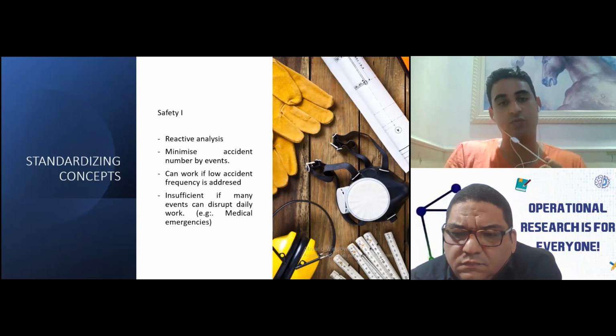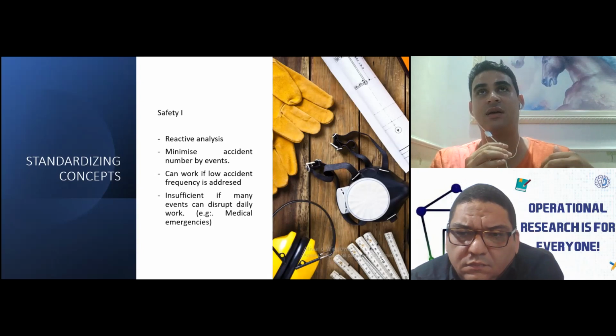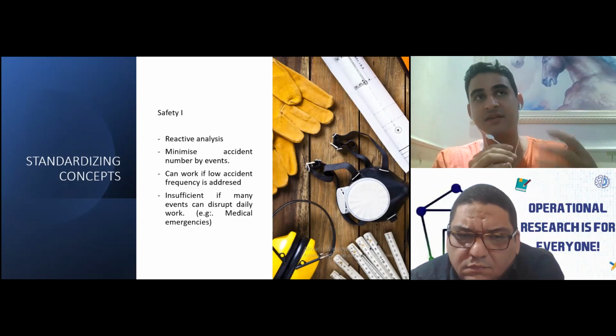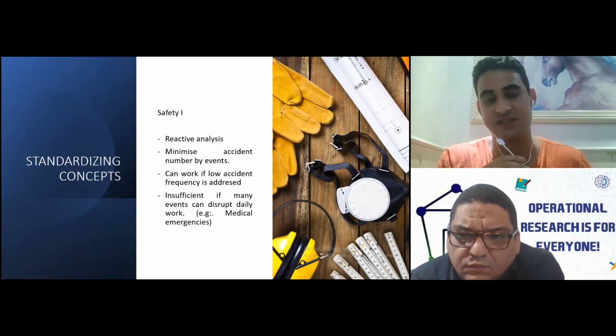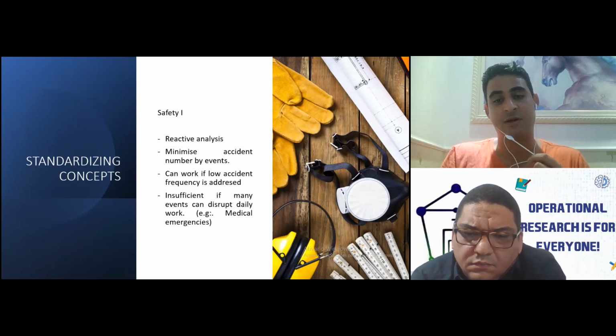In Safety 1, all the health and safety methodologies were reactive. People only made some things better at work after accidents occurred. So the main line of thinking was to minimize accident numbers by events.